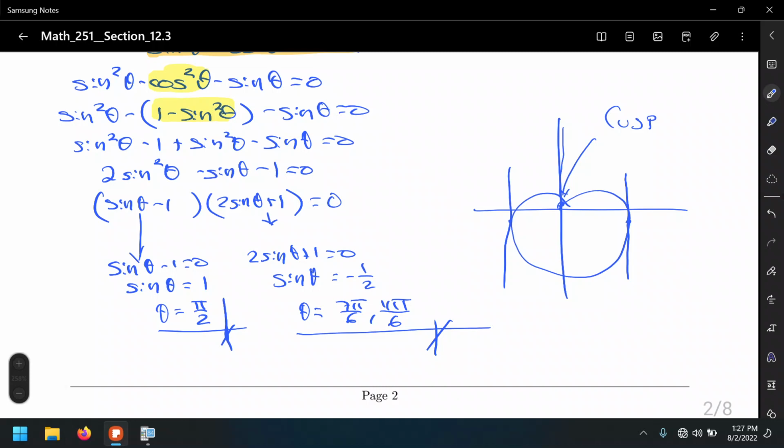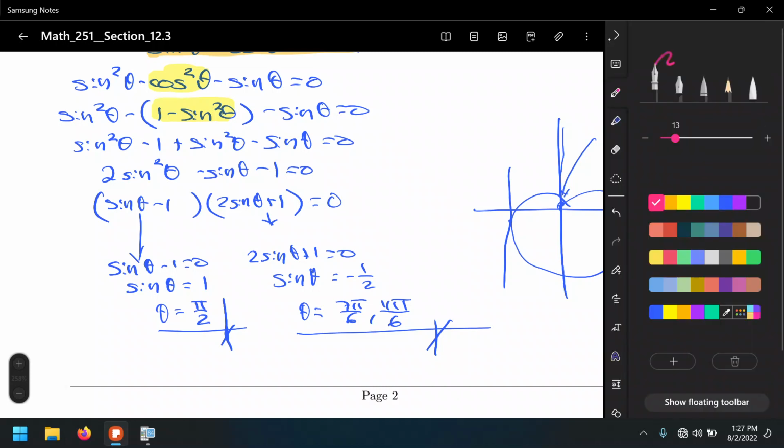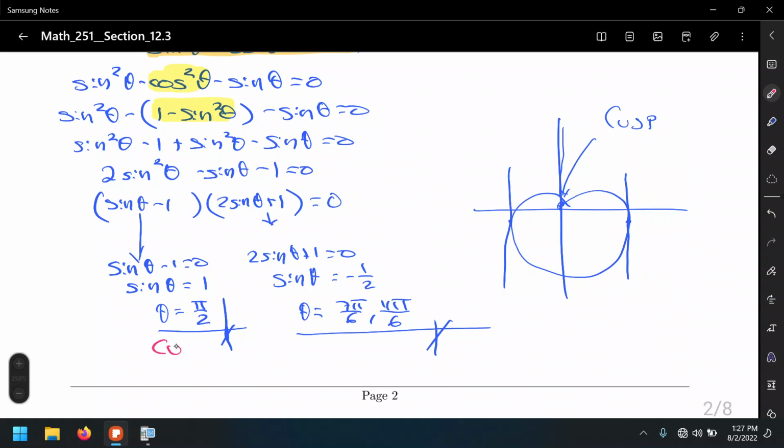So you need to be careful when looking at the graphs, or rather, what do some of the solutions to the equations that we do here really represent? That's another issue that will come into play later in the next type of exercises. So this is a cusp, and this is the vertical tangencies.